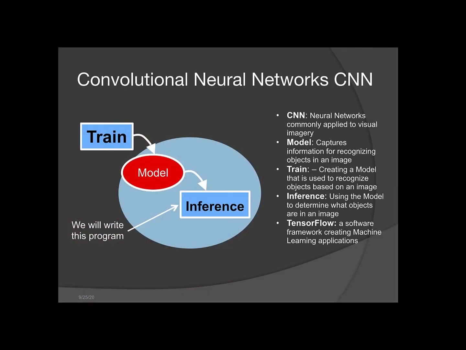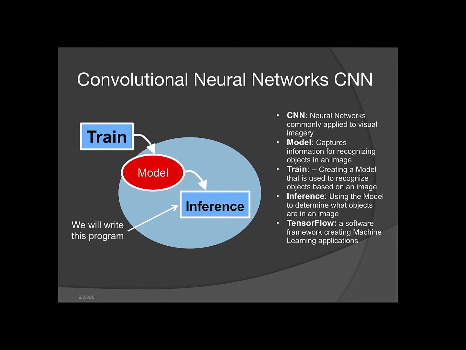A convolutional neural network is broken into 3 parts. The first is the model. And the model is a file which describes how you can go about recognizing an object or how the software does that.